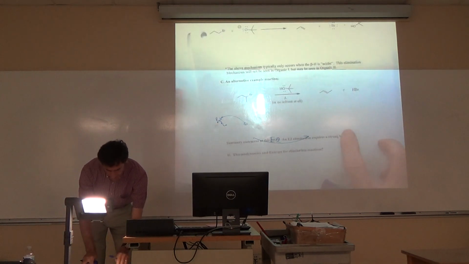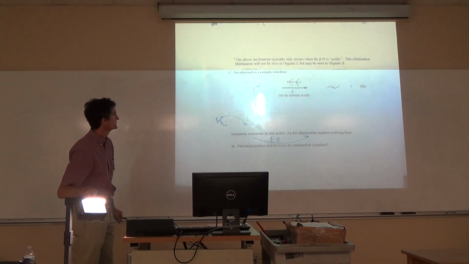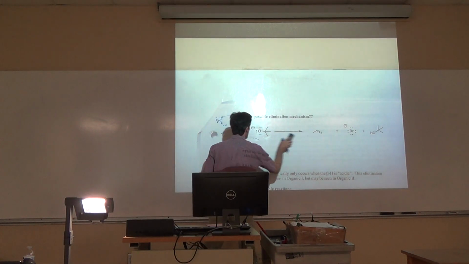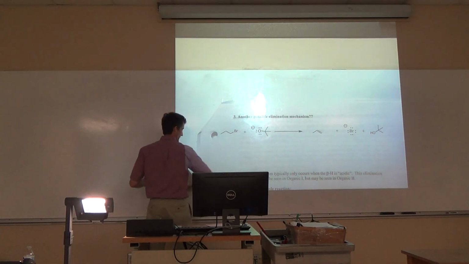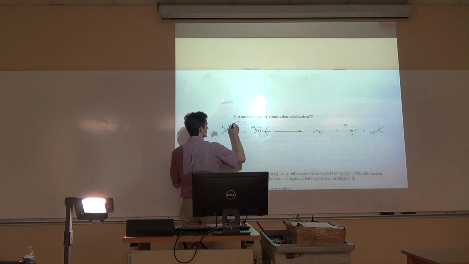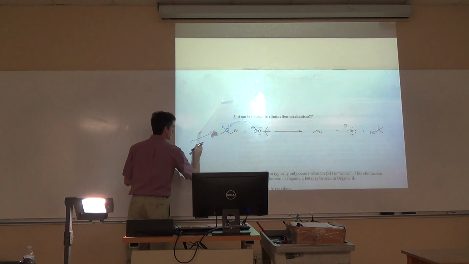There's a third way we could have shown this. Seems like maybe one or two of you were alluding to this. What if we did it this way? What if these took the H and these just stayed behind like this? Like a good old-fashioned acid-base reaction.